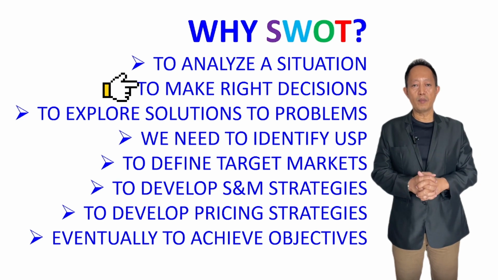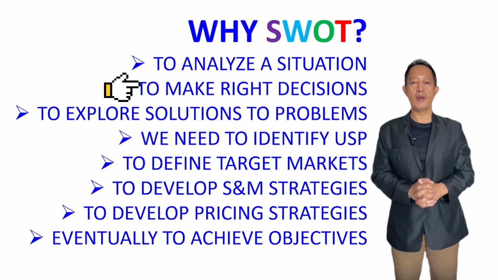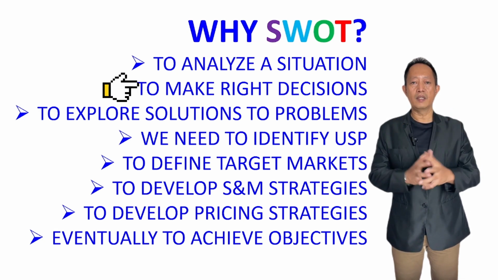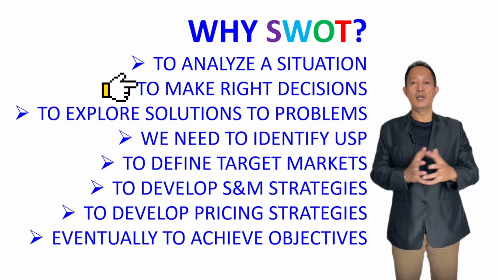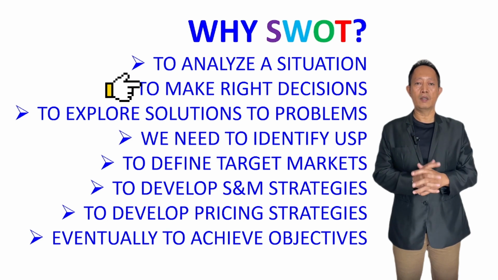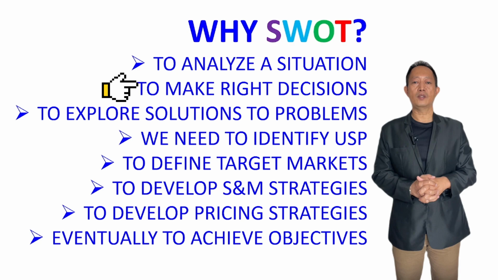In order to make a big decision, SWOT helps us to make the right decision, looking at the current situation, like at the moment, economic crisis, political stability is not good, so I should not become a lawyer. That's why SWOT helps us to make the right decision.